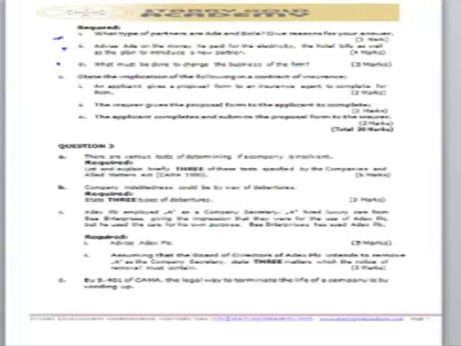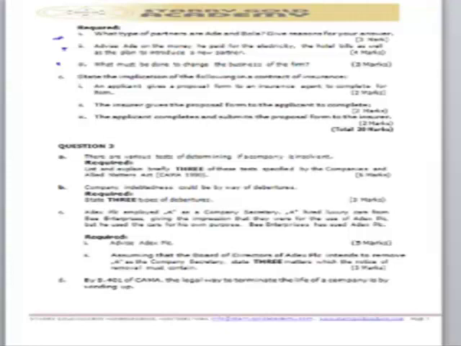The C aspect of it also talks about a little case, but it is saying advise. Where it has to do with advice, as I've said before, you read the case, and this is a very small case scenario, so you just have to read it very well. It says advise Ade PLC. Ade PLC employed A as a company secretary.